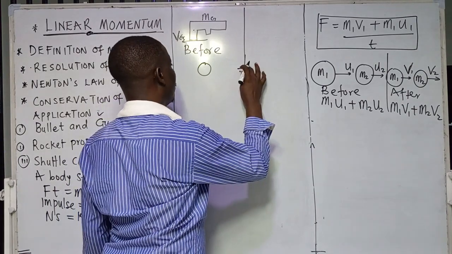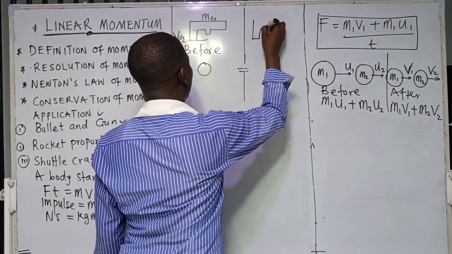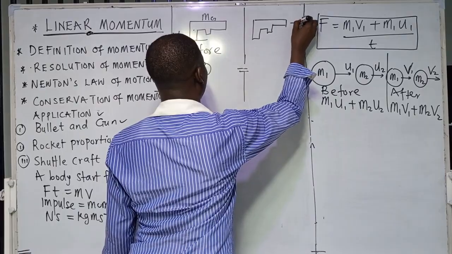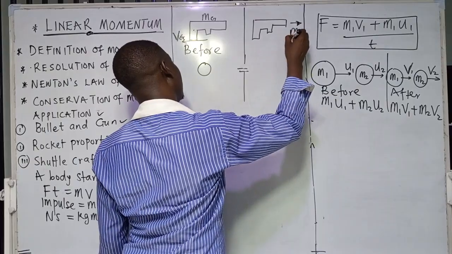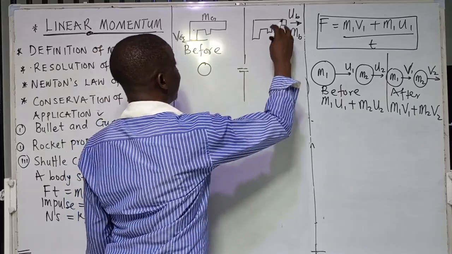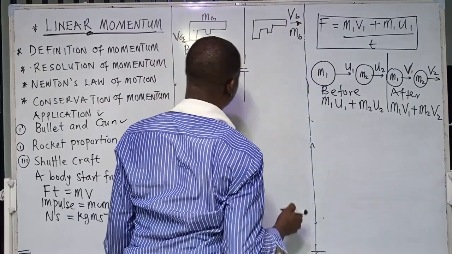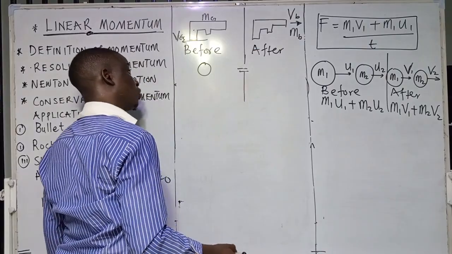Let's say after being fired, we notice that the bullet went out. Now this bullet has a mass mb with a velocity vb, because after being fired, that's what happened.